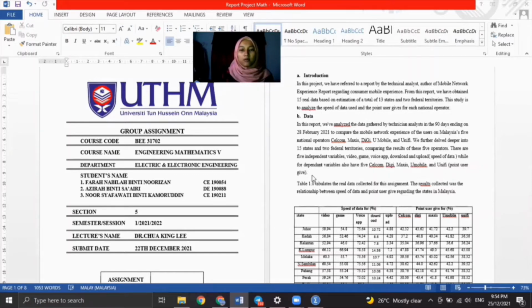Then there are 5 independent variables: video game, voice app, download, and also upload. While for the dependent variable, there are also 5 of them. First one is Celcom, second one DG, Maxis, U-Mobile, and also Unify.